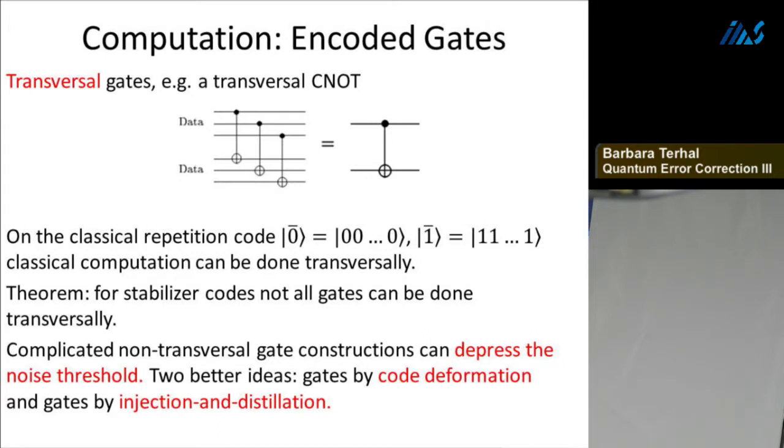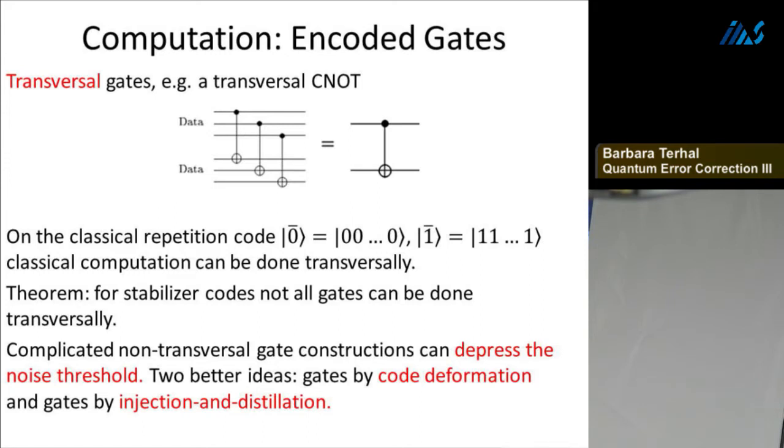If one of these gates fails, then of course there may be an error on both blocks, but none of these gates will put two errors on one block, which is of course a property that we want for fault-tolerant gates. We don't want a single error somewhere to become two errors in one block.